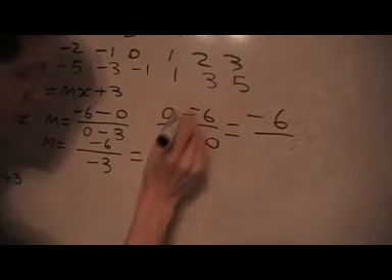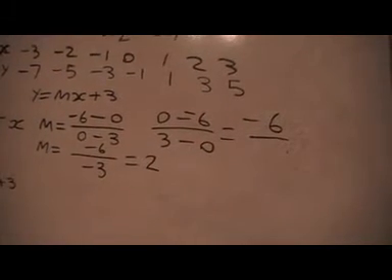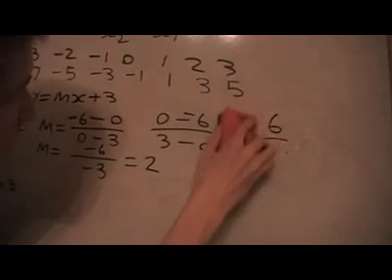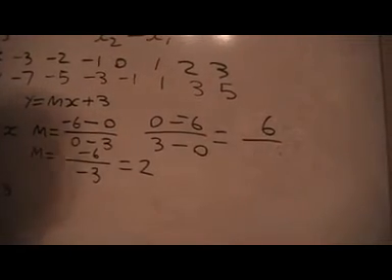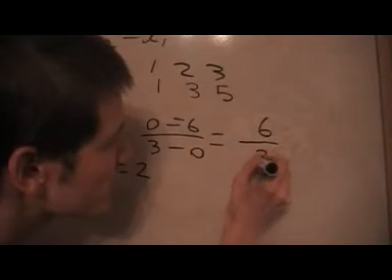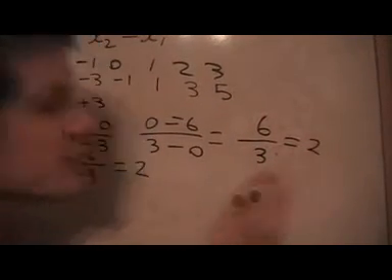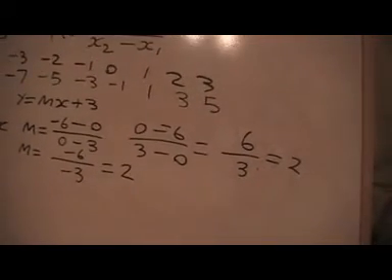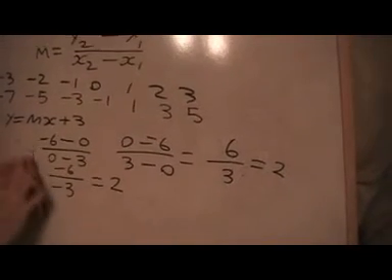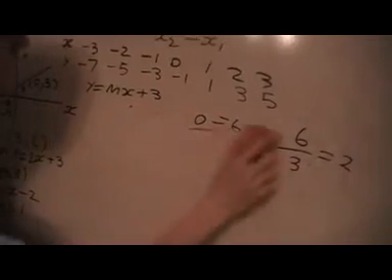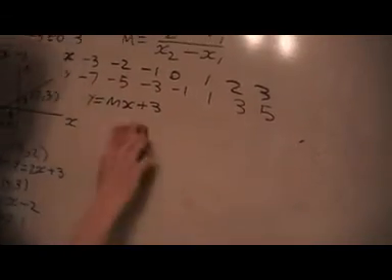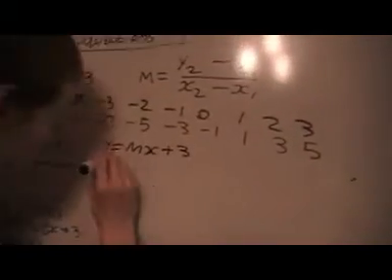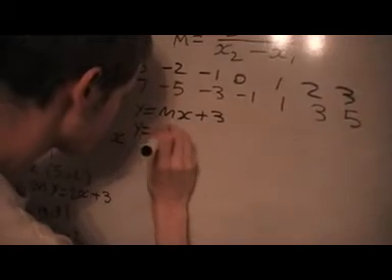I'm taking away minus 6, that's a plus 6. So there's no minus there. And then that's the 3 on the bottom. So then that's 6 divided by 3, and we still get 2. So it works just as well both ways, this formula. So the equation of this line is y equals 2x plus 3.